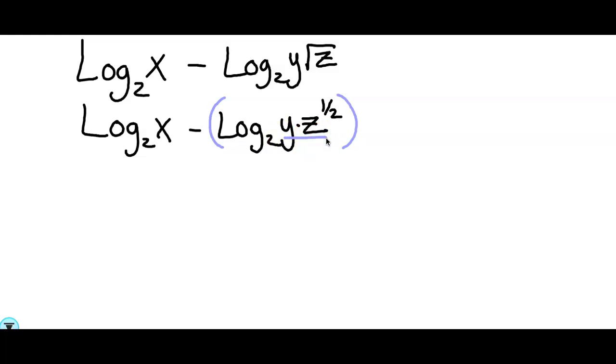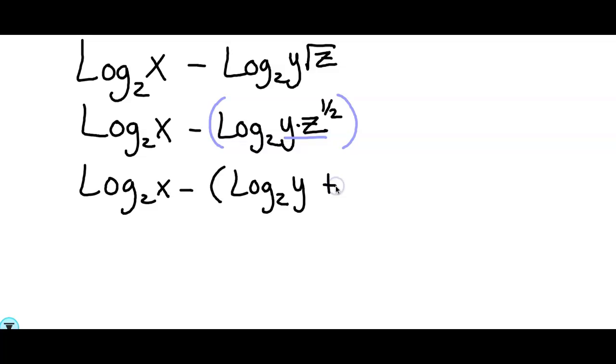So when you separate a log that has its argument with two things being multiplied, we use addition, right? There we go.